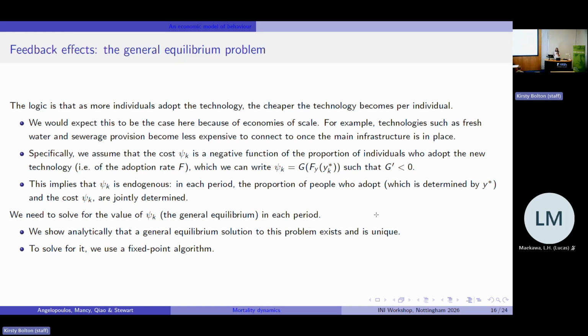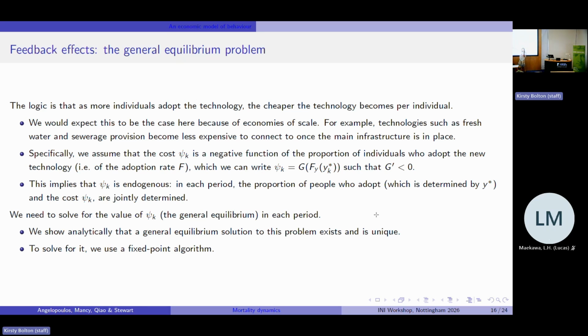It's not fixed by us from the outside. In each period, the proportion of people who adopt, which is determined by Y star, the income threshold, and the cost psi k are jointly determined. And to solve for that, therefore we need to solve for the value of psi k as well, the general equilibrium in each period.